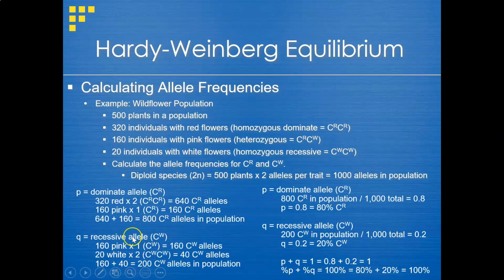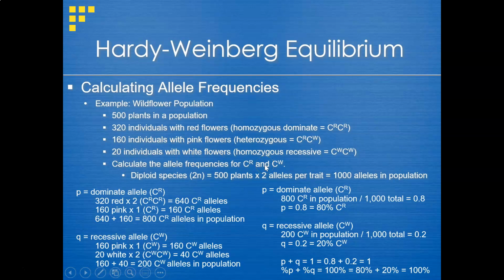Go back to then talking about recessive. Well, I have that 160 pink, aka heterozygous, and so they're contributing 160 recessive alleles to the population as well. And then I also find that I have 20 white individuals.